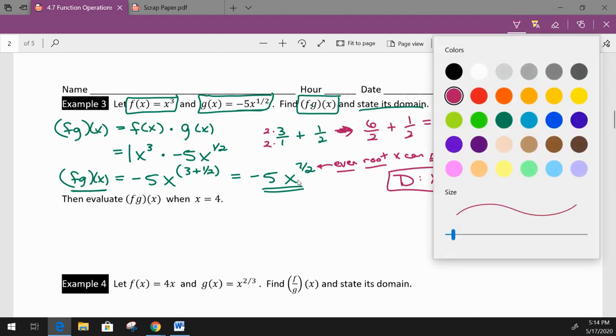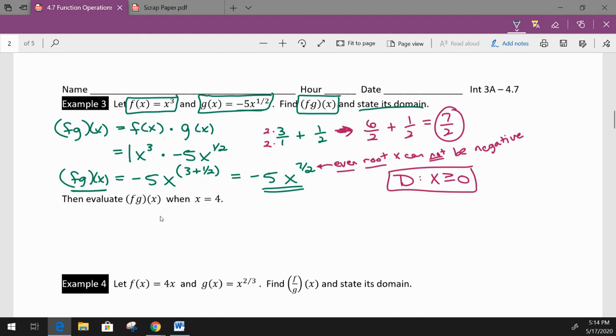All right, the next piece of this, we are going to evaluate fg of x when x equals 4. So the notation fg, instead of x, you are now putting 4 in its place. This is our new function, fg. So -5, but instead of x, we're going to put 4 in its place, taken to the 7/2 power.